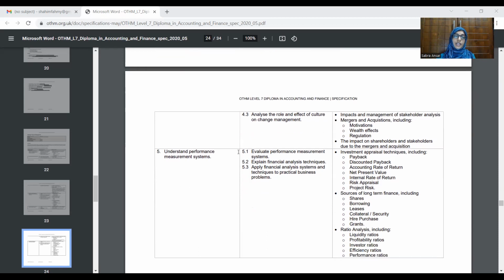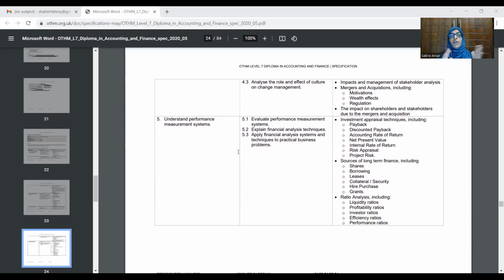So the last learning outcome is to understand performance measurement systems. This is one of those areas where you do a lot of sums. You will be evaluating performance measurements. As you can see, we'll be doing investment appraisal techniques such as payback, discounted payback, ARR, NPV, IRR, and risk appraisal of projects.